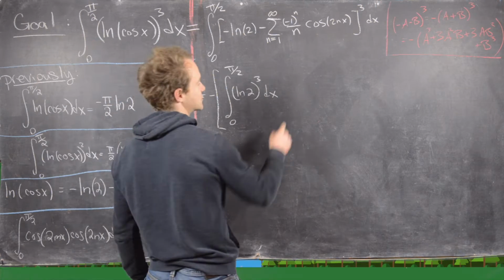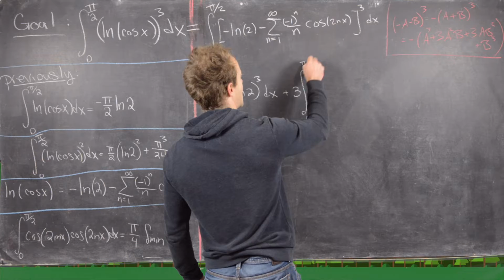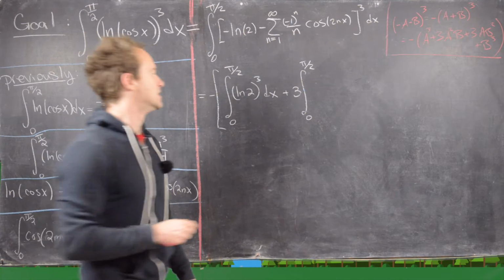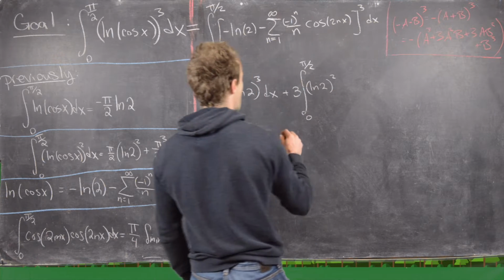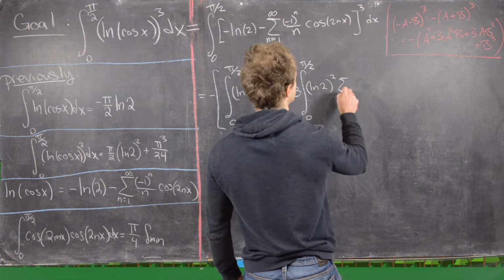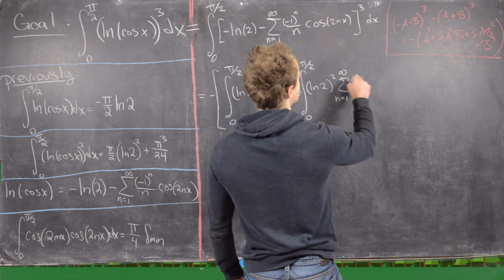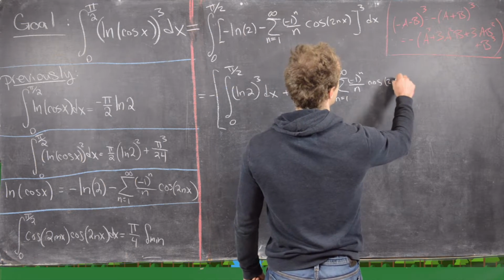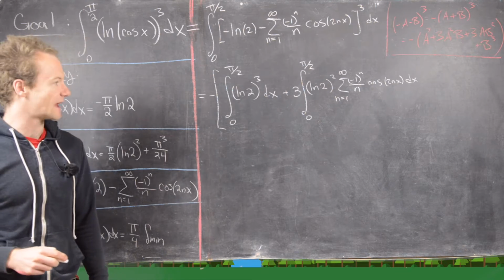The second integral will be plus 3 times the integral from 0 to pi over 2 of this term squared times this term. So I'm going to have natural log of 2 squared times this sum n equals 1 to infinity of minus 1 to the n over n cosine 2nx dx. Okay, so I've got that.